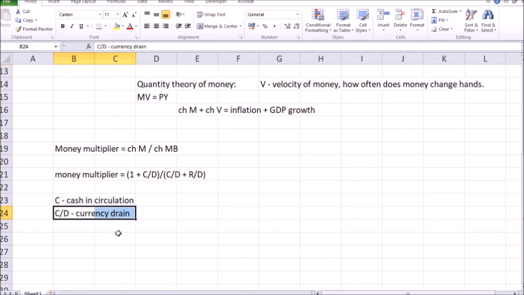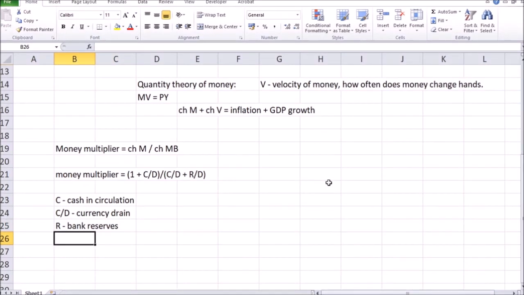We talked about currency drain in the previous class as well, so you can go back to that video and review it. R is bank reserves, so the ratio of bank reserves to deposits is the desired reserve ratio, the amount of reserves that the banks would like to have as a percentage of their deposits.